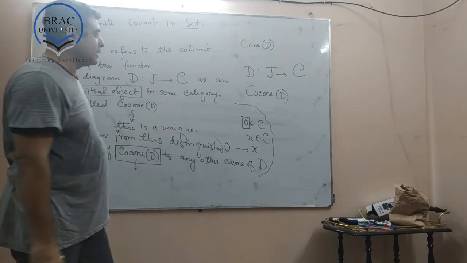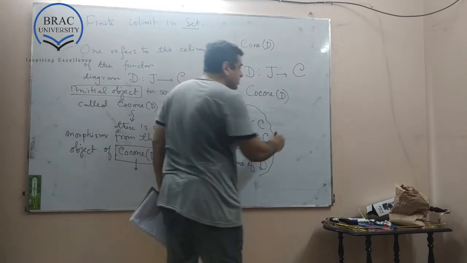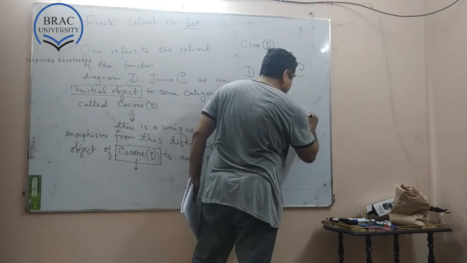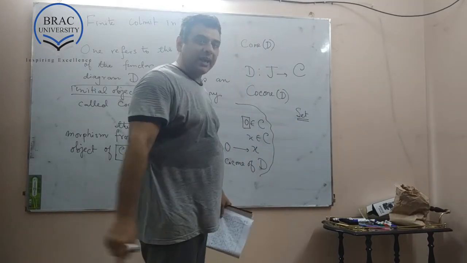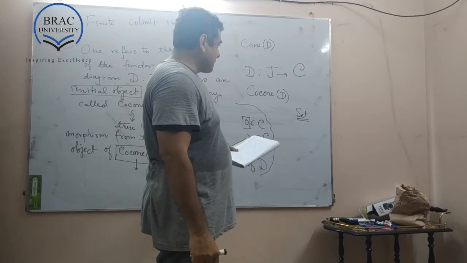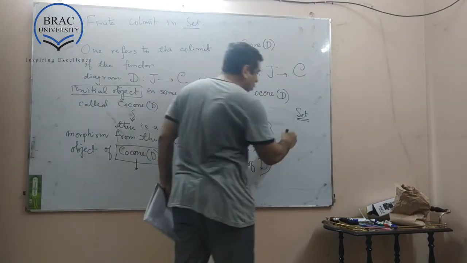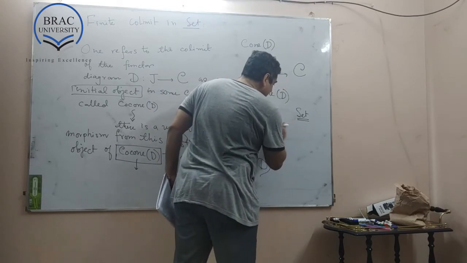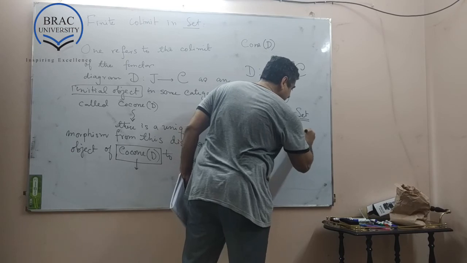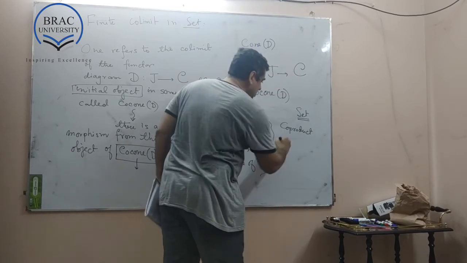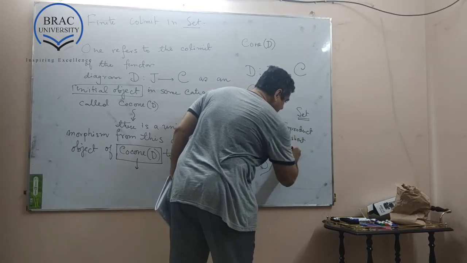Examples of finite colimits in the context of the category of sets, meaning when C is the category of sets, are coproducts, pushouts, and coequalizers.